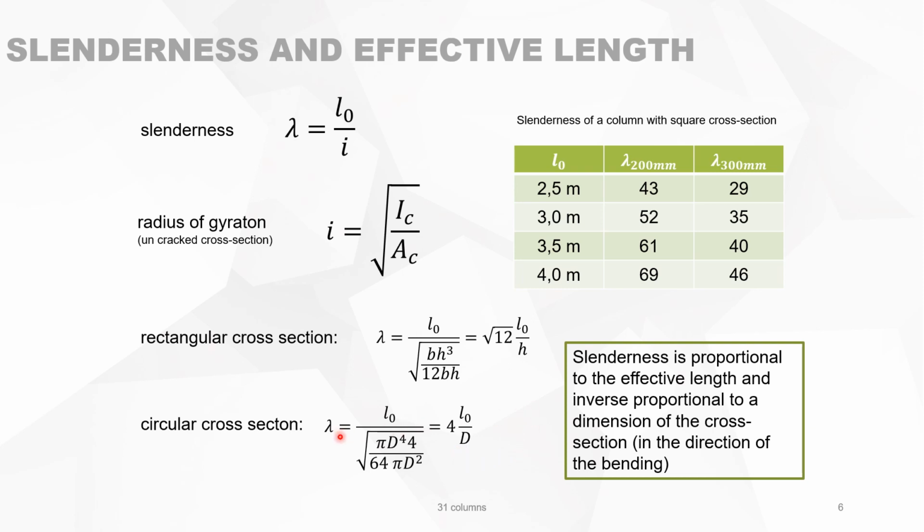So slenderness, in both cases, is proportional to the effective length L0, and inversely proportional to a dimension of the cross section, h or D, in the direction of bending. Don't forget that. It's the dimension of the cross section in the direction of the bending.